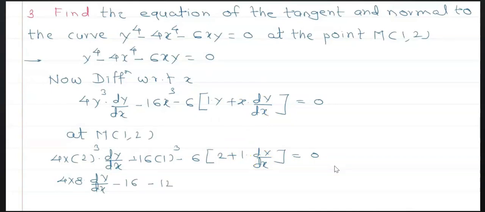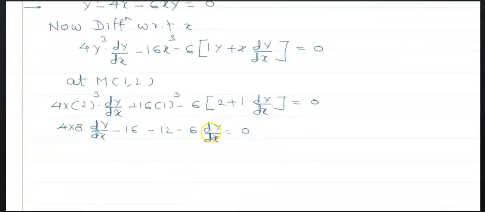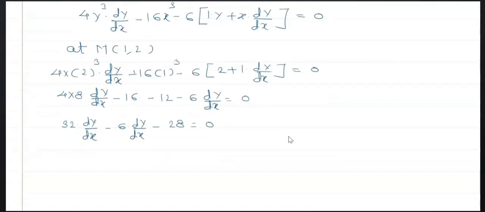Now simplify this. That is 4 into 8 into dy by dx minus 16 minus 12 minus 6 into dy by dx is equal to 0. Therefore 32 dy by dx minus 6 into dy by dx minus 28 is equal to 0.